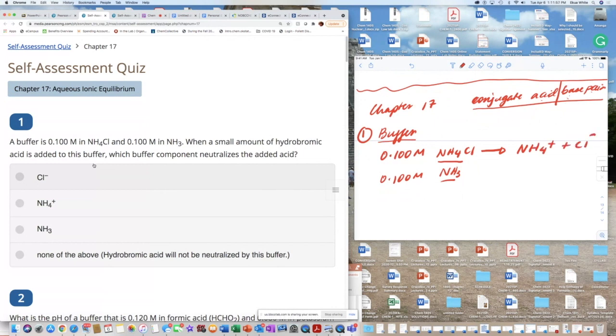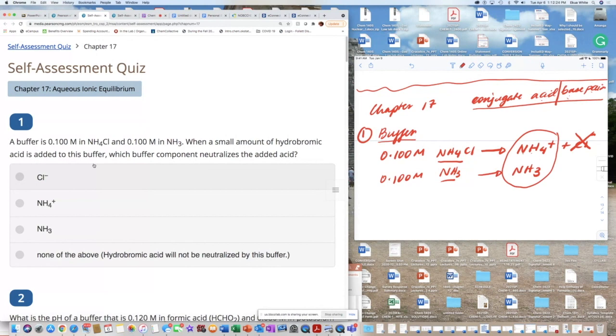Remember, in this story, Cl minus is just the father of the bride slash escort. It's just there to escort the ion we really care about, NH4 plus. NH4 plus is being combined with NH3.